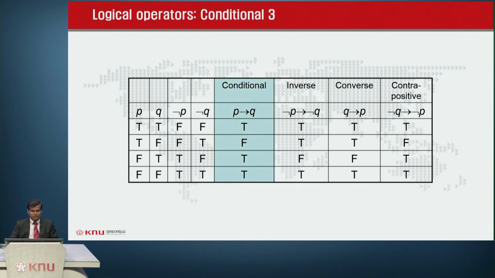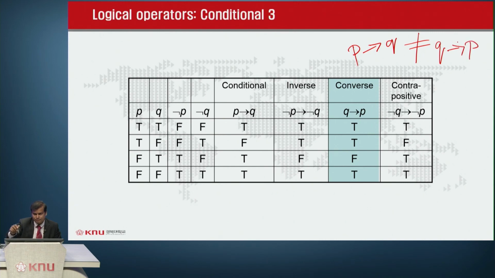The first one is the conditional statement, P implies Q. The inverse is negation of P implies negation of Q, and the converse is Q implies P. There are a few things we have to remember: P implies Q is not equal to Q implies P. As you can see from this truth table, the conditional and the converse are not related to one another.